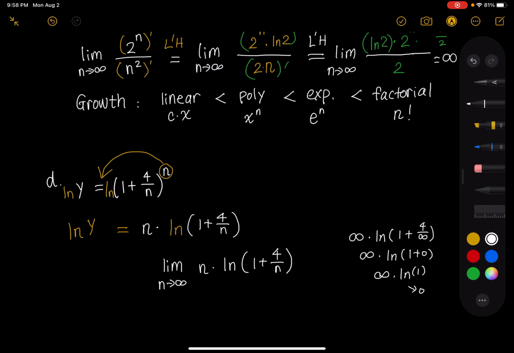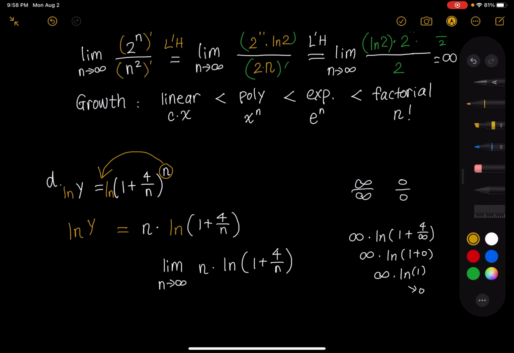Do we do L'Hopital's rule? No, because it's not infinity over infinity or 0 over 0. We don't have that form. We have infinity times 0. So what we will need to do is transform. We need a fraction. And usually, how do we do that?